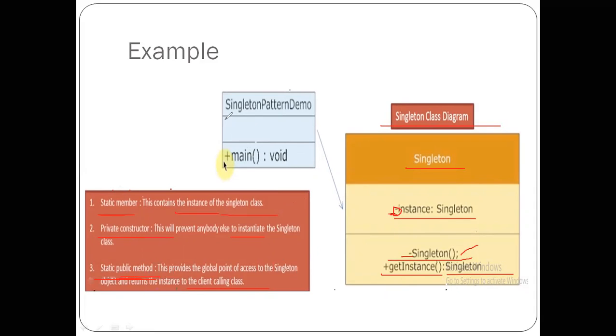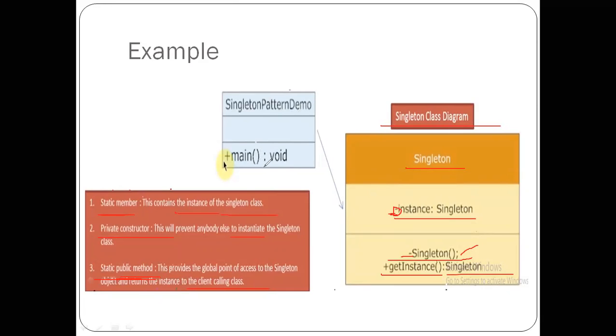And next, the singleton pattern demo, this is the main class, this is the main method. This is the part of the client. The client is accessed from this main class here. The class name is SingletonPatternDemo.